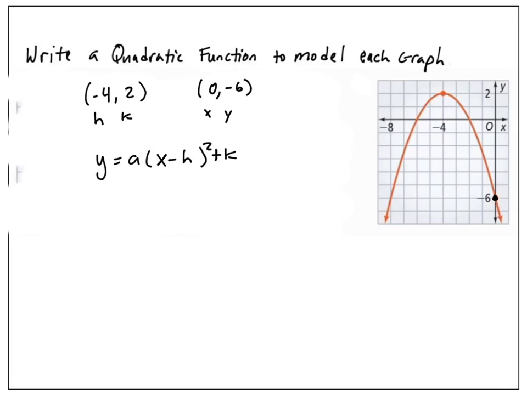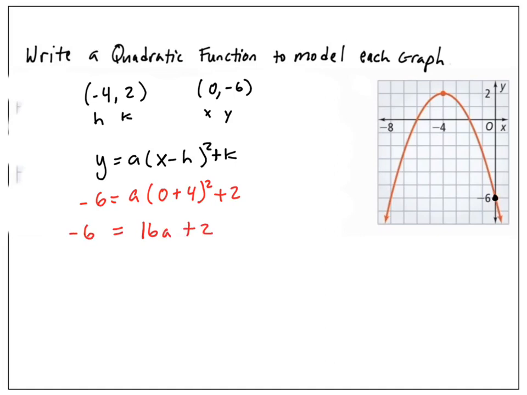So we're plugging in values. So the y value is -6 equals a times (0 minus -4), so (0 plus 4) squared plus 2. Now we just need to simplify this down in order to find the a value in order to know what our equation will be. So 0 plus 4 is 4, 4 squared is 16, so we've got 16a plus 2 equals -6.